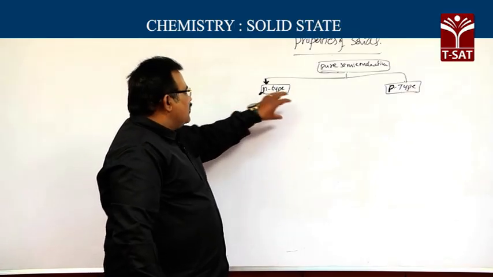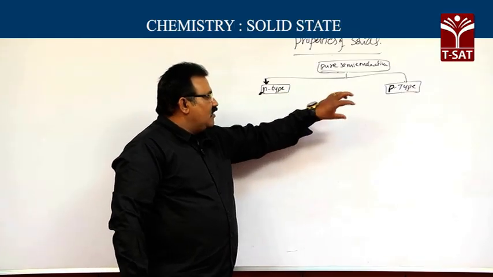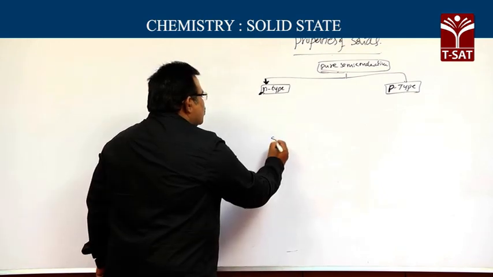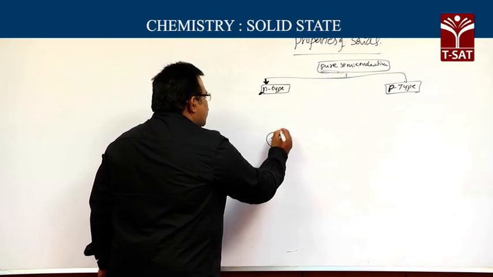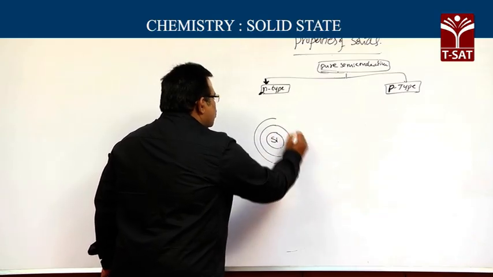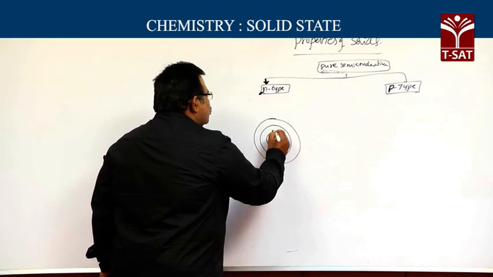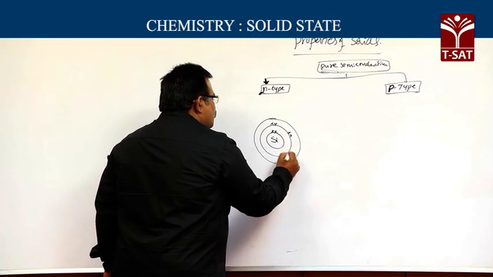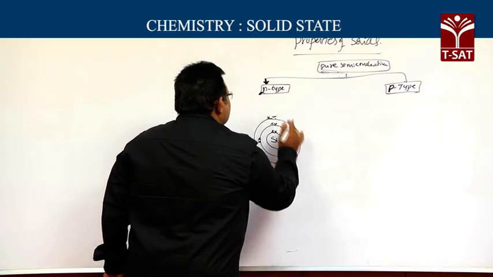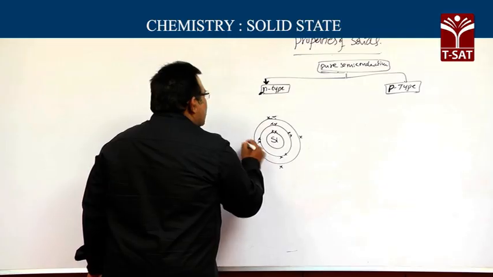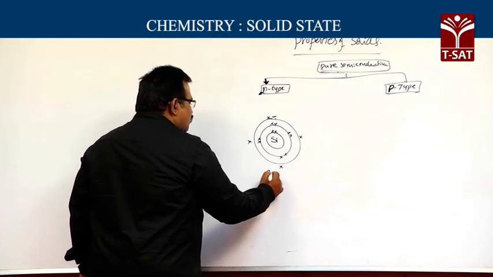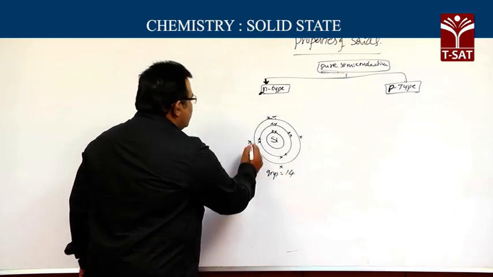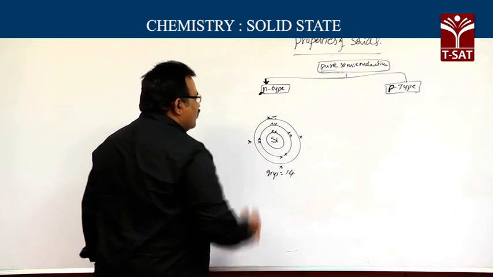Let us see when N type semiconductors are possible and when P type semiconductors are possible. Suppose silicon, having 1s2, 2s2, 2p6, 3s2 3p2. Silicon belongs to group 14, so its valency shell has 4 electrons.